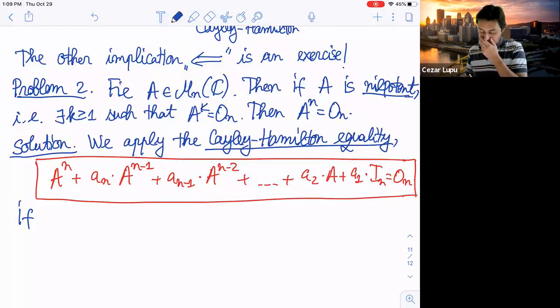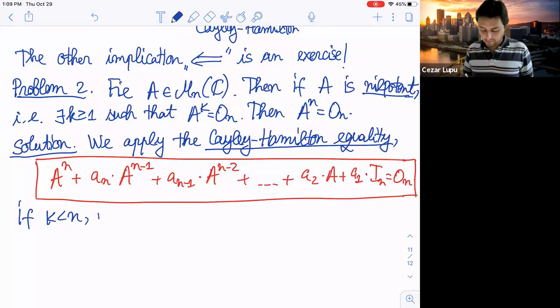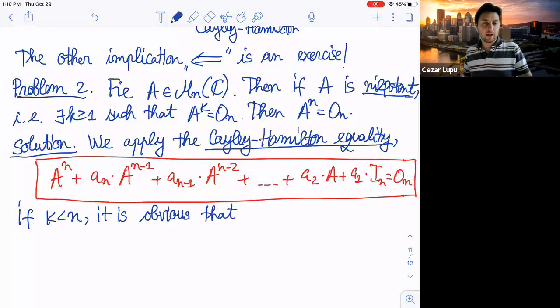If k is less than n, it is obvious: since A to the k is 0, you just multiply by A until you get to n, because it's multiplied by the matrix 0.